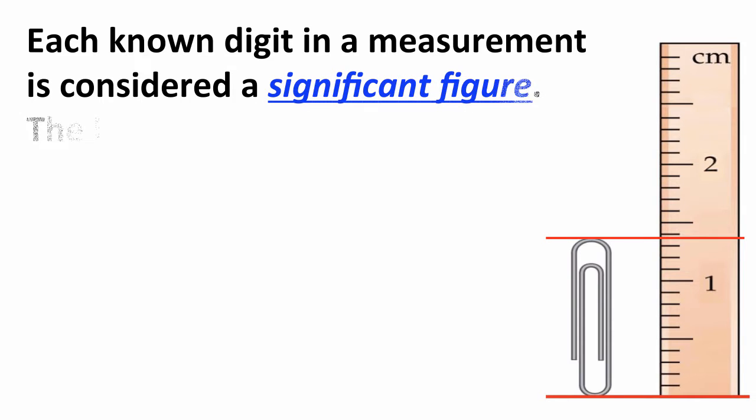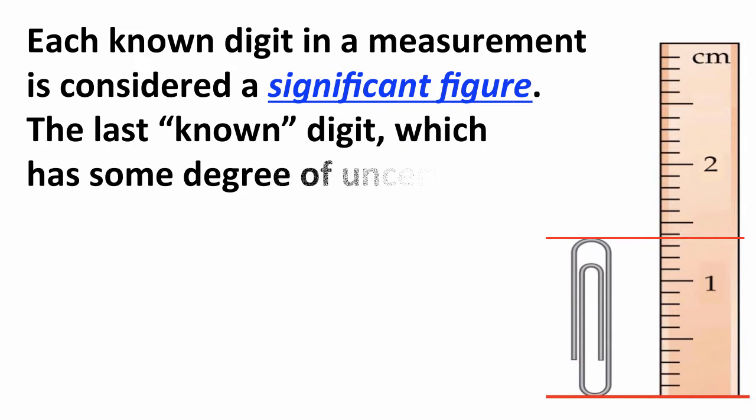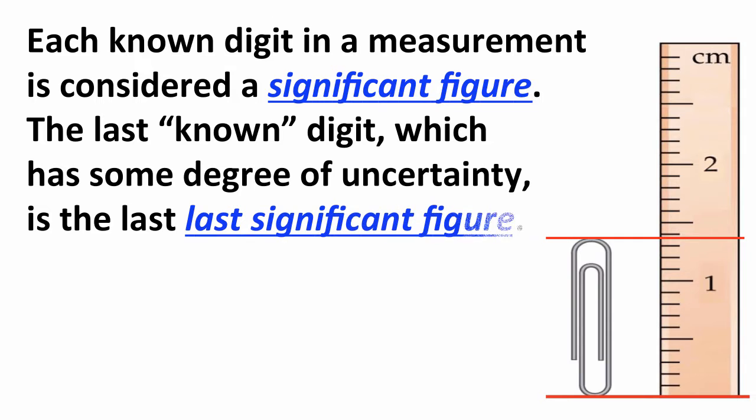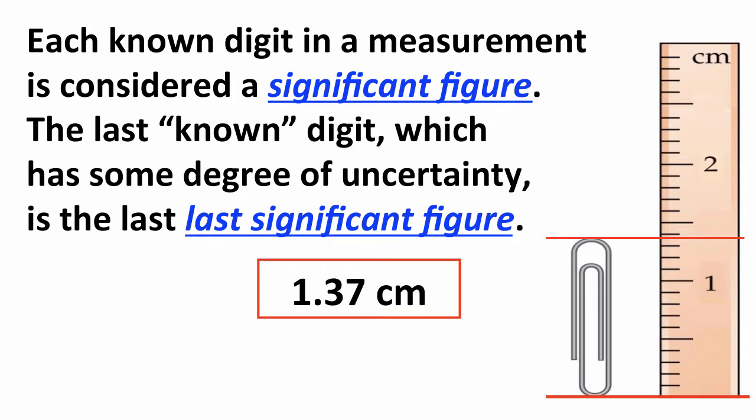Every time we make a measurement, every digit that's known is what we call a significant figure. And the last known digit, which is going to have a little bit of uncertainty in it, is the last significant figure. So back to our paperclip example, the 1, the 3, and the 7 all are significant figures, and the 7 is the last significant figure, or the last known digit, and that's where the uncertainty is.